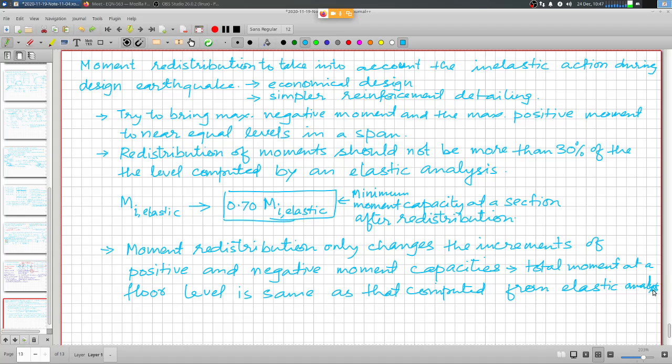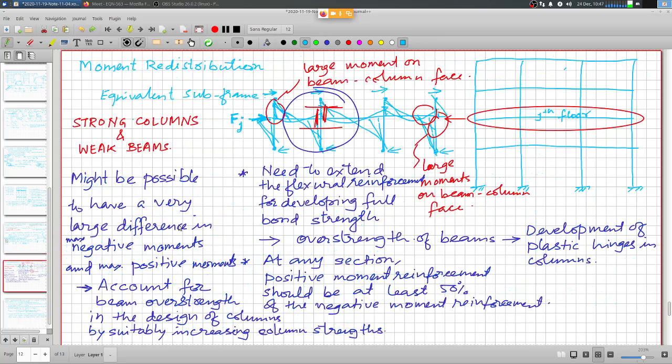Right, so we can play with the individual section capacities. We can reduce the negative moment capacity here, and correspondingly increase the positive moment capacities here, in a way that the maximum positive and maximum negative moment capacities are somewhat close to each other, so that the reinforcement detailing becomes simpler and easier to implement.